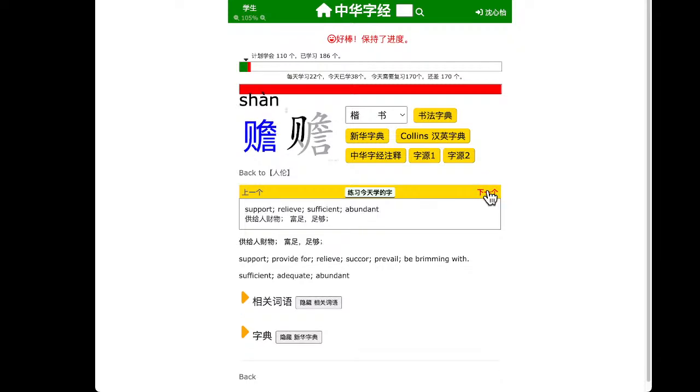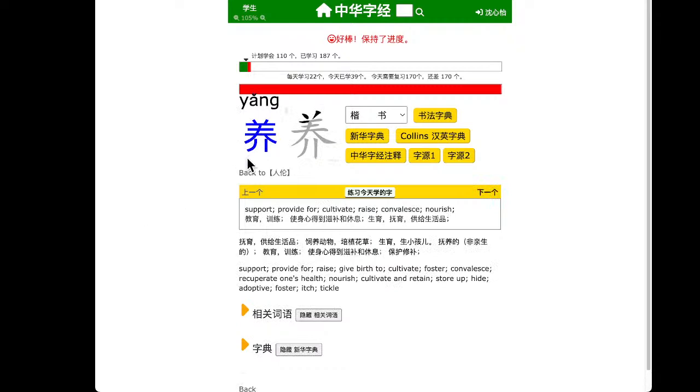善 here refers to giving support and relief. 养 is supporting and providing for, cultivating and nourishing. 养 refers to all these kinds of things, like taking care of someone's needs, like feeding them and clothing them and giving them shelter, all those kinds of things.